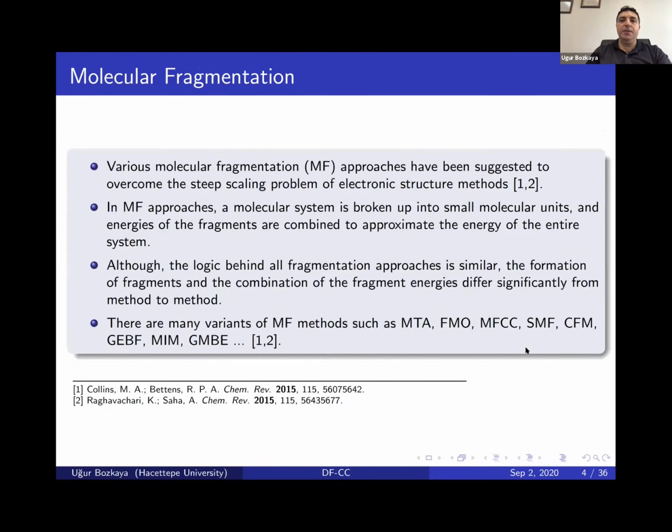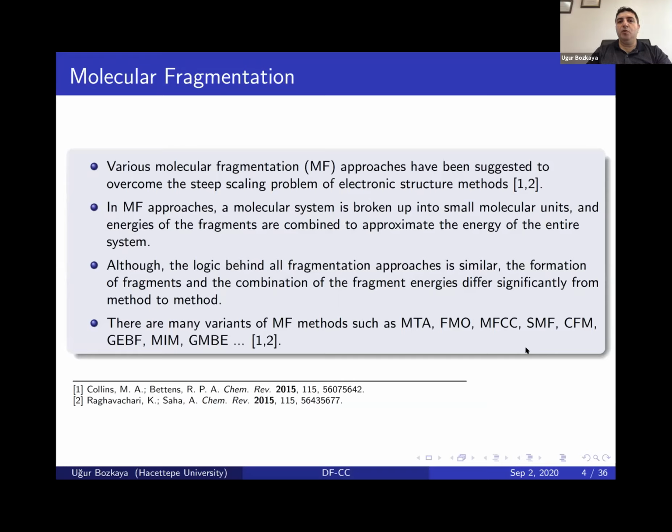And we have another alternative approach to the steep size dependency problem, and these approaches are based on molecular fragmentation. Various molecular fragmentation approaches have been suggested to overcome the steep scaling problem of electronic structure methods.